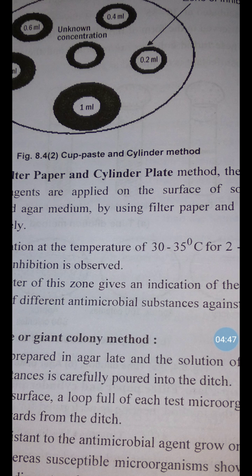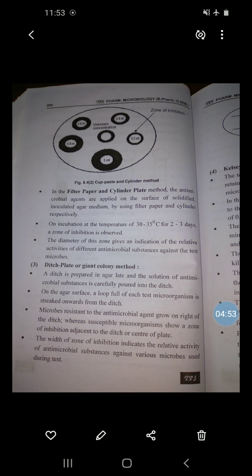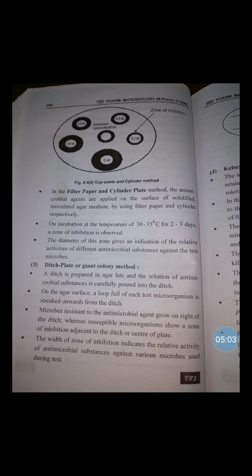In the filter paper and cylinder plate method, the antimicrobial agents are applied on the surface of the solidified inoculated agar medium using the filter paper and the cylinder respectively. On incubation at 30 to 35 degrees Celsius for 2 to 3 days, the zone of inhibition is observed.